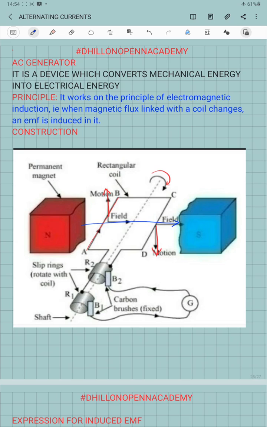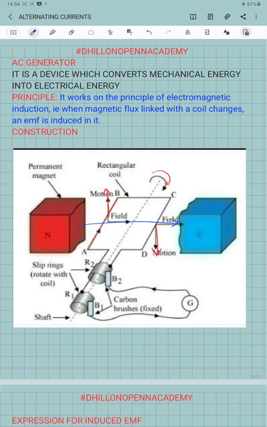So with the help of Fleming's rule, we can determine the direction of the current induced in it. If we apply Fleming's right hand rule, the motion of the coil is in the upward direction, the magnetic field is towards the left side.